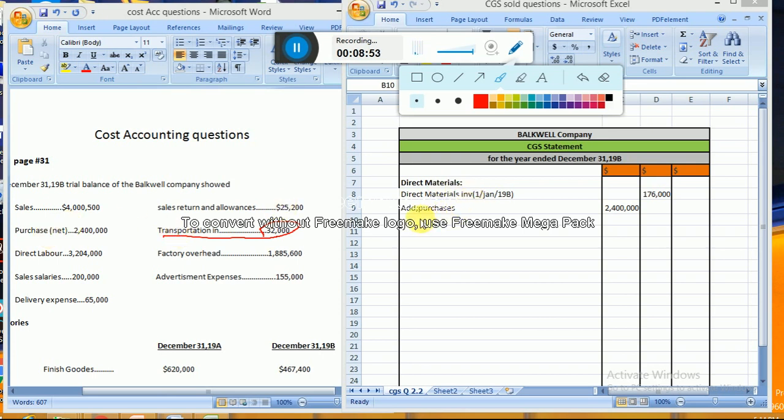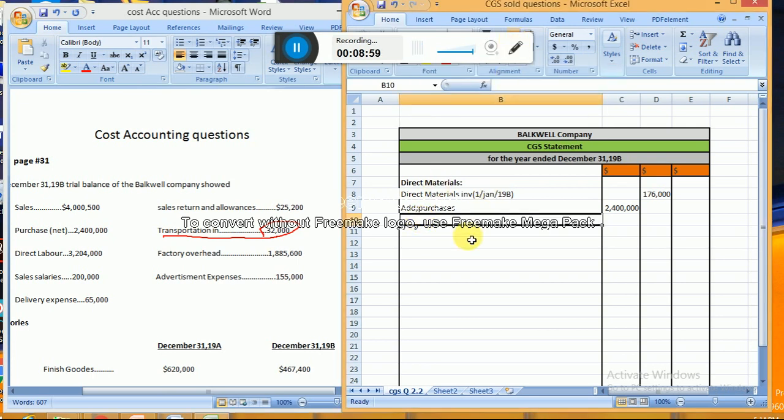So I should add transportation in. How much is transportation in? $32,000.